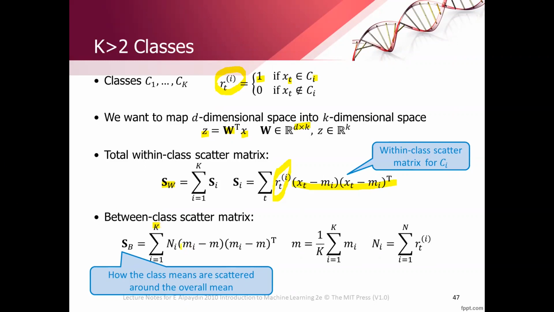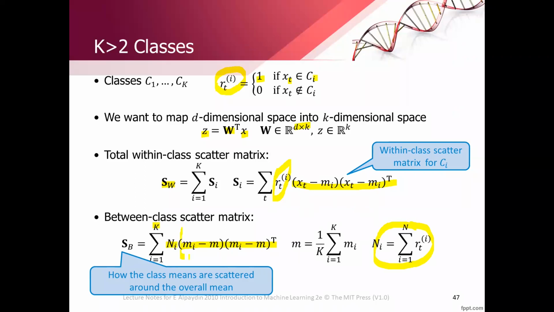And here we have something very similar to what we had previously, and the difference is only here, N sub i, which is the number of observations belonging to class i.